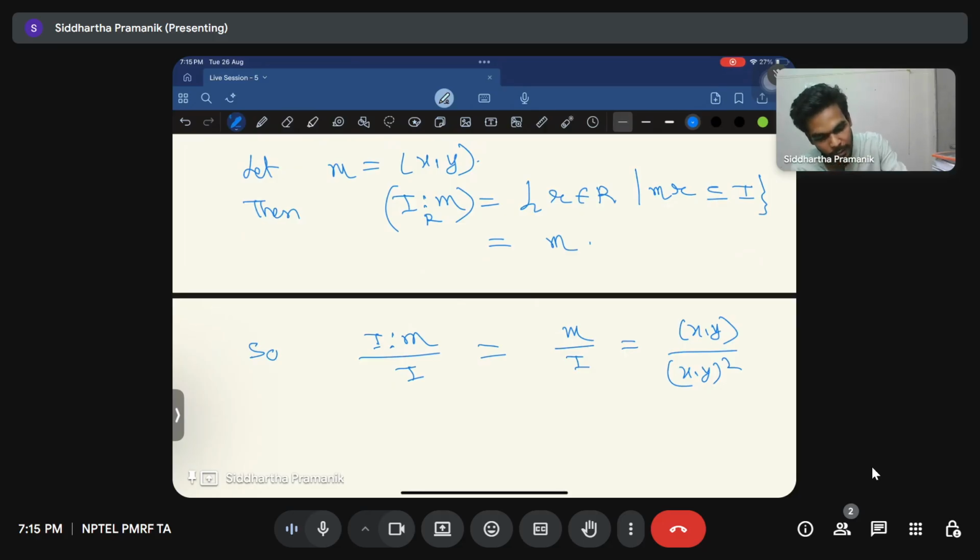So it is generated by two elements, and it is easy to check that the dimension of (I colon m) quotient by I over R mod m is exactly equal to 2.